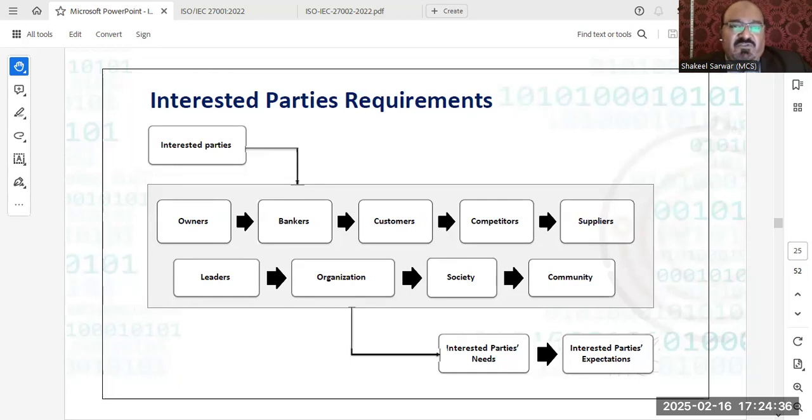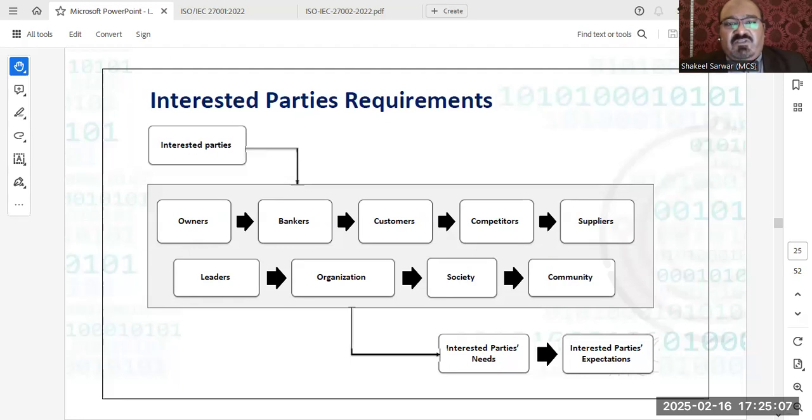For example, customers need their personal data to be protected from breaches. Regulators need the organization to comply with specific data protection laws like the personal data protection bill or other regulatory requirements. For example, HIPAA, the Health Insurance Portability and Accountability Act in the United States, which is not implemented in Pakistan yet, but I'm just giving an example of how it works.